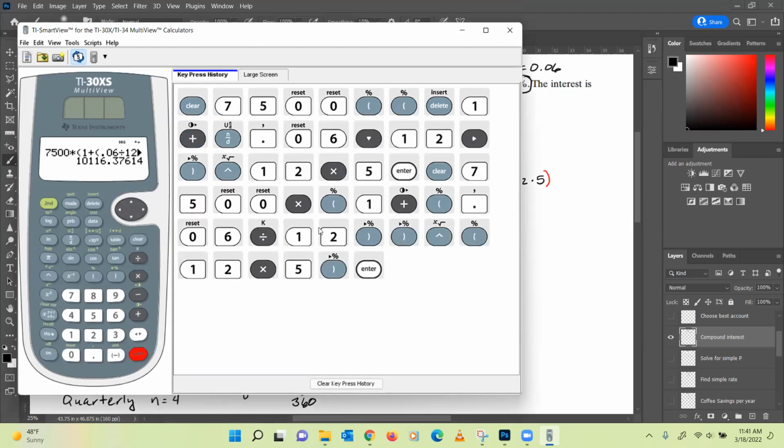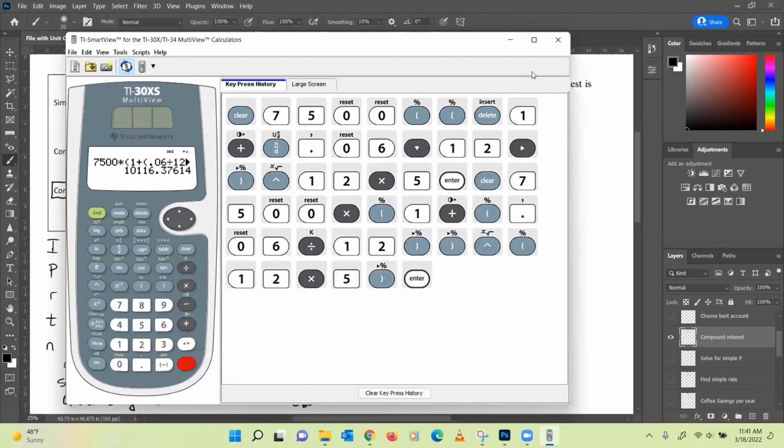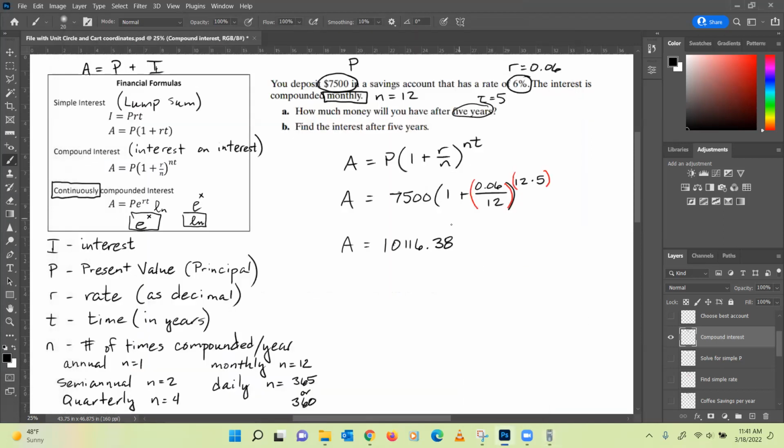If you're unsure, or if your calculator's not doing like you expect, let me know. I may have a version of your calculator, and I can walk you through your calculators. But this is a way for us to use compound interest to solve for a problem. So what's happening is after 1 year, they add 6% interest.